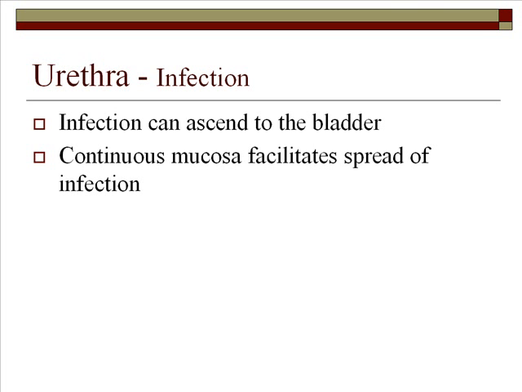Infections typically will ascend to the urinary bladder, so in infections that affect the urethra, typically through bacterial growth, these organisms will migrate into the urinary bladder. Though the electrolytes and waste products that we excrete from our system are waste products, for bacteria, it's a great nutrient source.